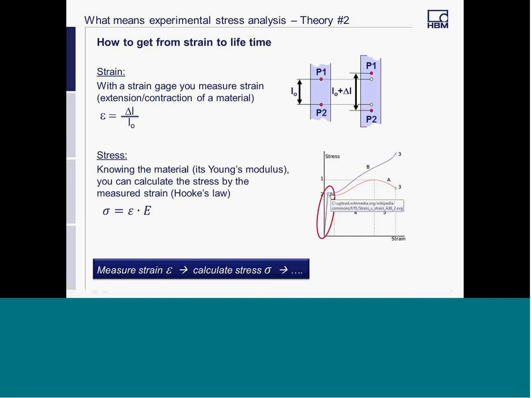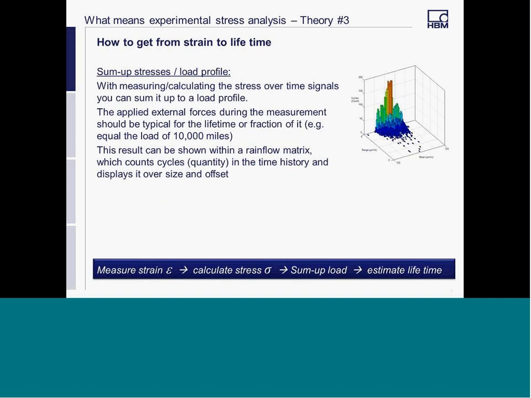That means we measure strain, we calculate the stress, and then we sum up all the stresses we have measured. Let's say we have a component in a car, and then we have a typical load profile.